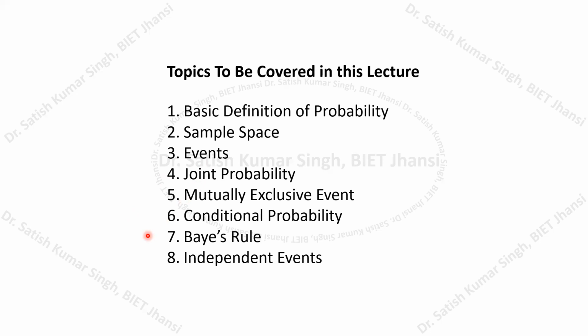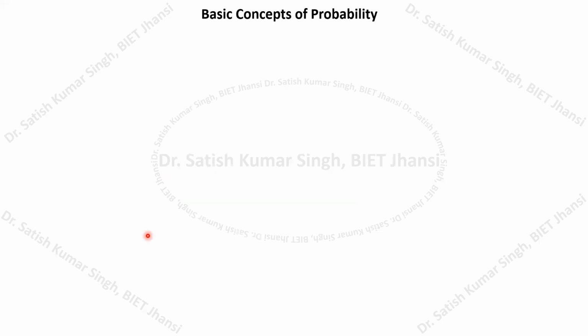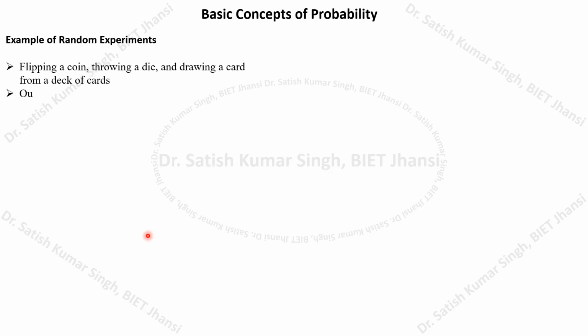First of all, we have to discuss the basic concept of probability. To start with, I will be considering a few random experiments. If we consider flipping a coin, throwing a die, or drawing a card from a deck of cards, one thing that is very clear is that we cannot be certain of the outcomes of the random experiment.